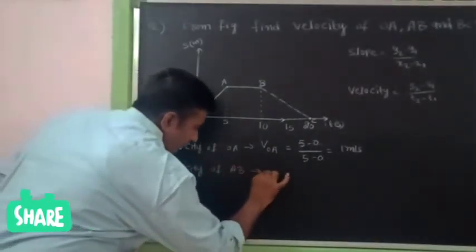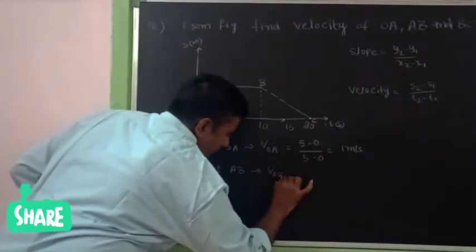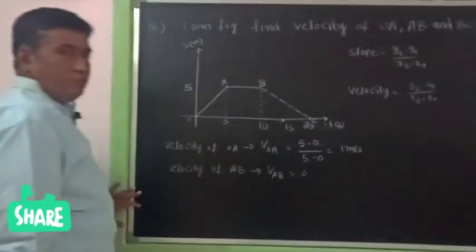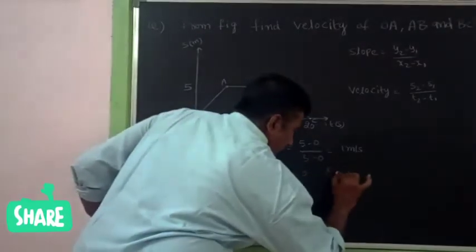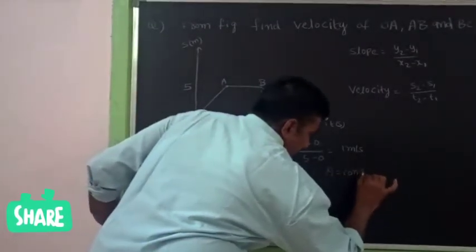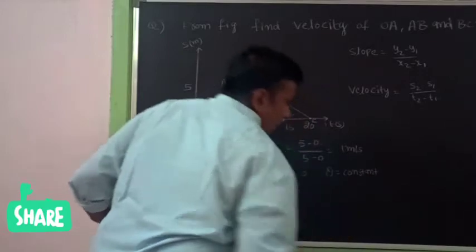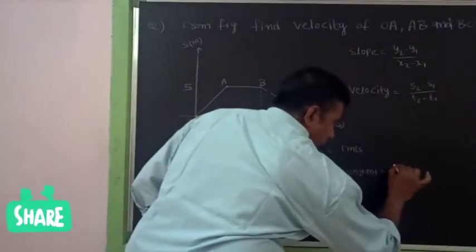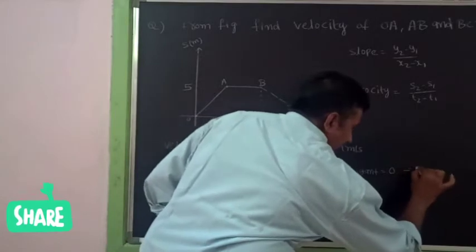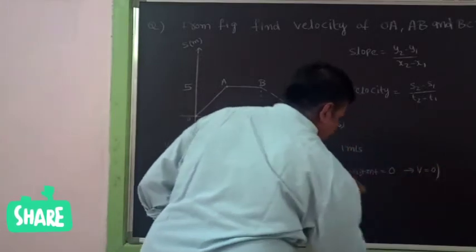As I said previously, the velocity of AB is equal to 0, because here theta is constant, which is nothing but 0. With the help of this, we can tell the velocity is equal to 0.